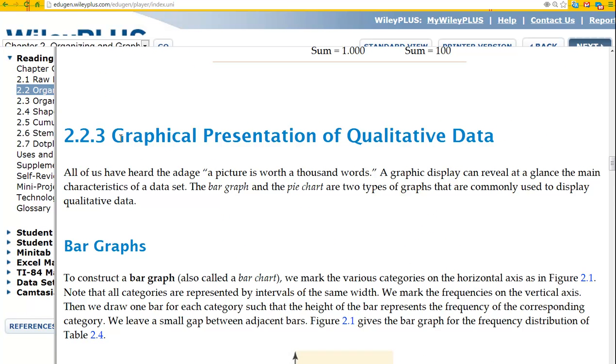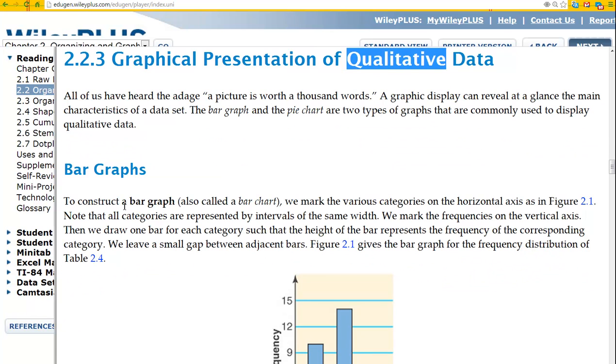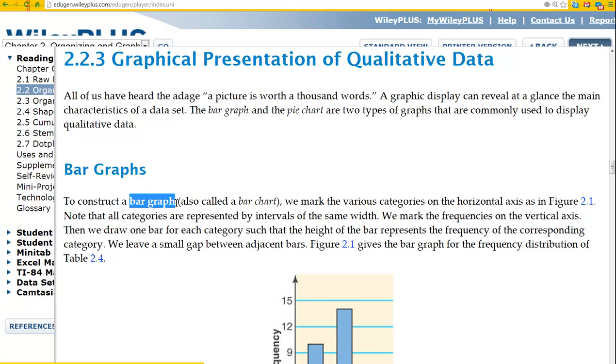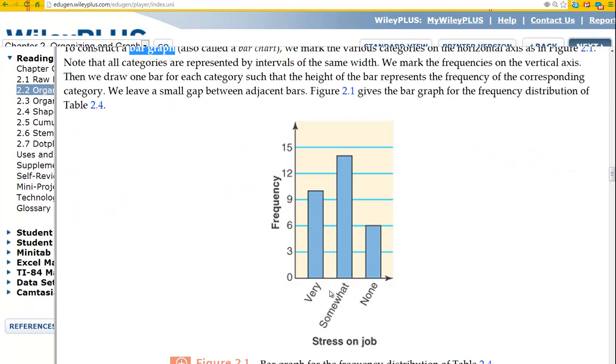Okay, now I'm sure you've seen lots of pictures, graphs of this kind of data. So we want to make a graphical presentation of our qualitative data. So we're focusing now on qualitative data, right? That's what we've been talking about. So we can make what we call a bar chart. That's pretty straightforward.